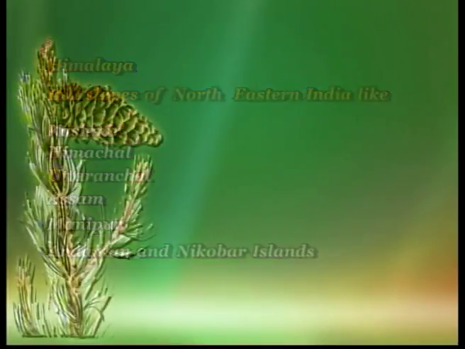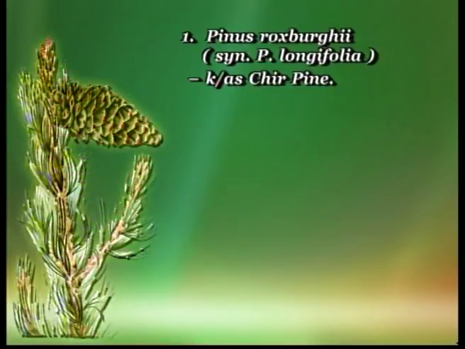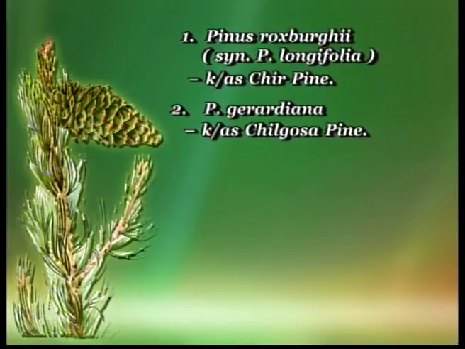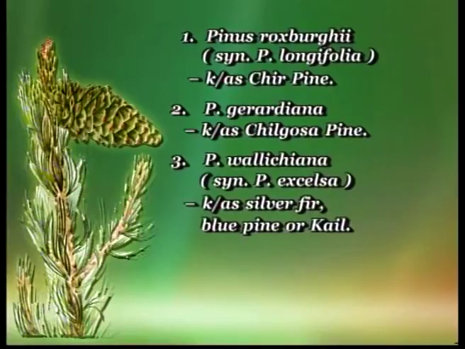Common Indian species are Pinus roxburghii, also known as Pinus longifolia, popularly called chir pine, and Pinus gerardiana, known as Chilgoza pine. Students, you might have seen those Chilgoza dry fruits. Yes, they are obtained from Chilgoza pine or Pinus gerardiana.